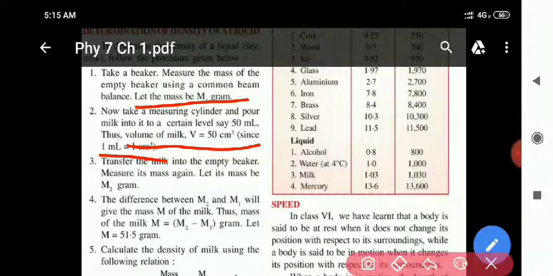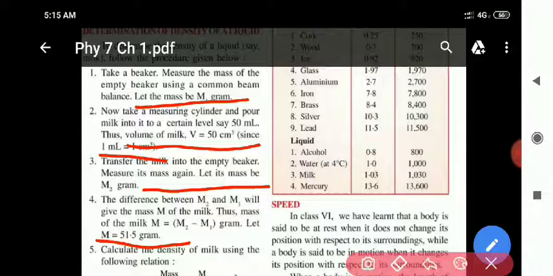Now transfer the milk into the empty beaker. Measure its mass again. Let its mass be m2 gram. So we know the volume, and by taking the beaker, measuring it m1 gram, pouring the milk into it, mass will become m2 gram, and then by subtracting the two, we get the mass of milk.